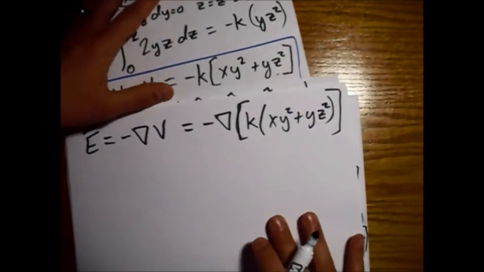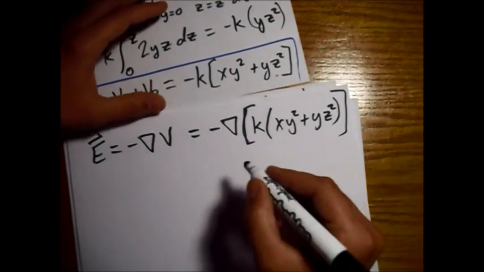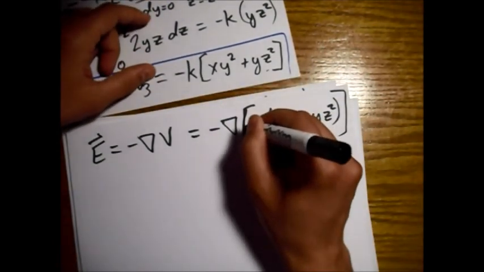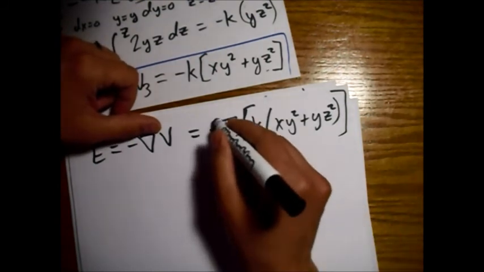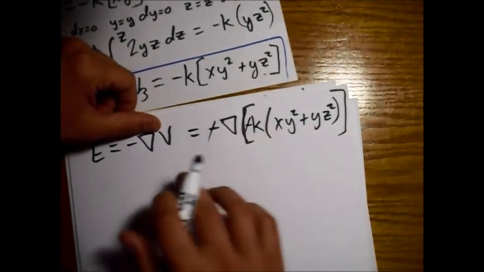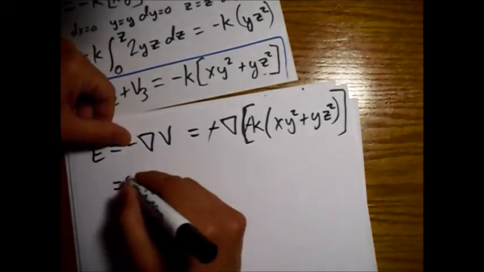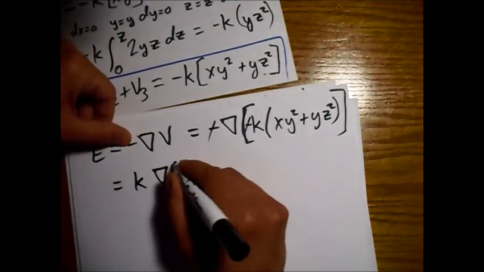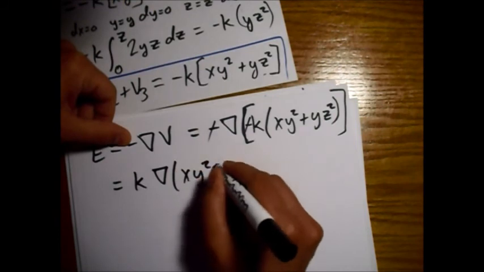Again, kind of sloppy with notation and everything, but that's how it goes. Oh, and I forgot the minus sign in here. So this minus sign, we'll get rid of that minus sign. We can bring k out in front since it's a constant. And then we just have this.